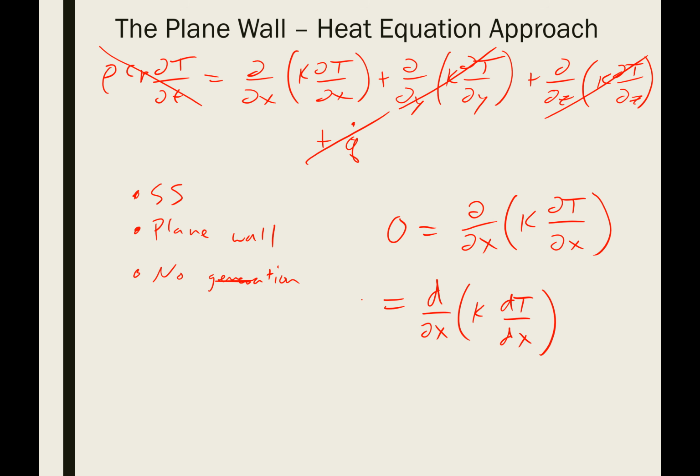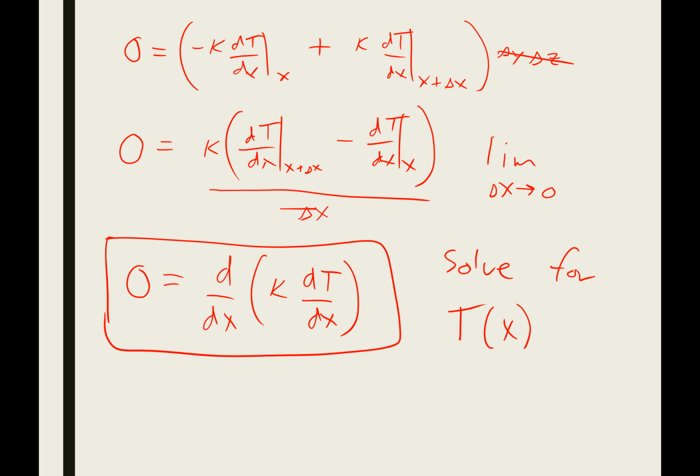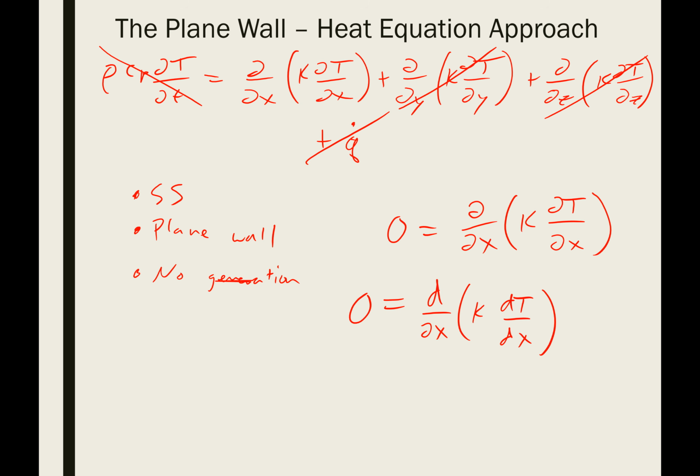All right, and does that look familiar? We got to that same point by doing the shell balance. The shell balance we did is just a simpler version of the heat equation derivation that we did on Monday. So you can just start from the heat equation.